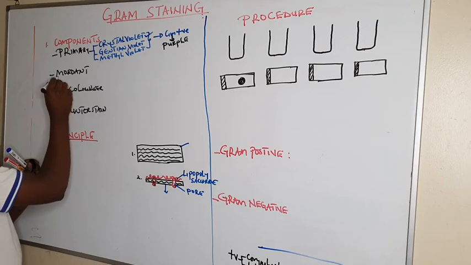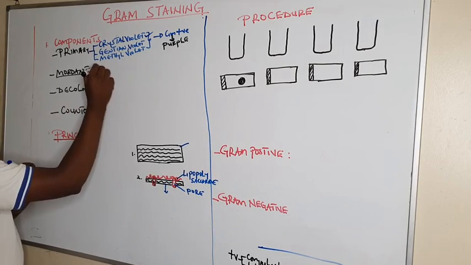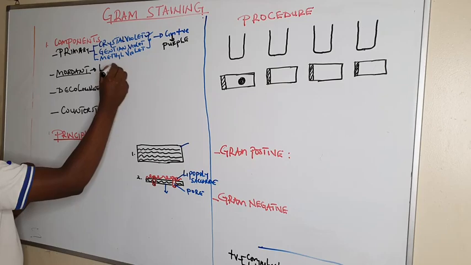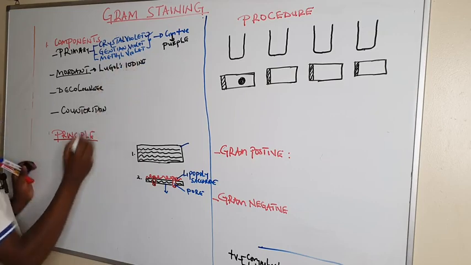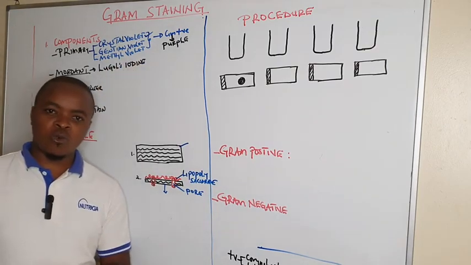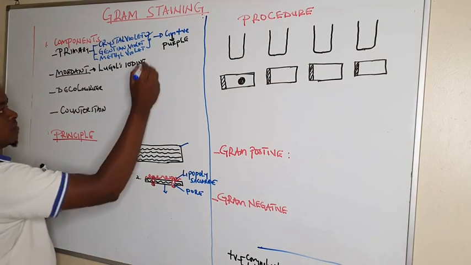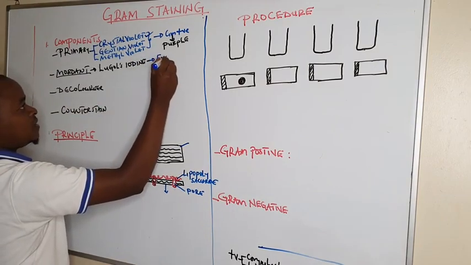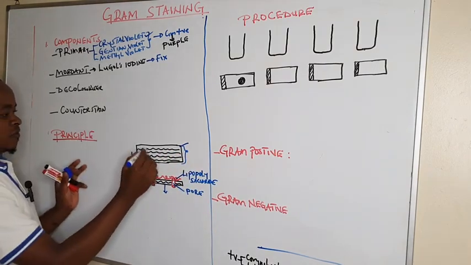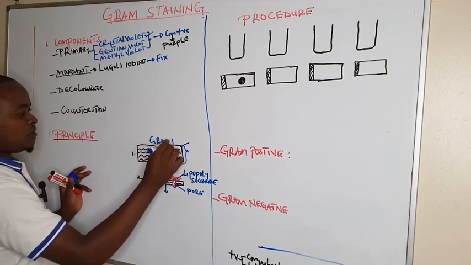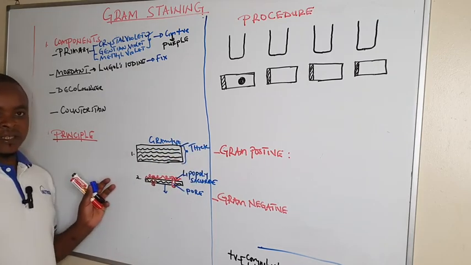Whereas the mordant is used to fix. The mordant is Lugol's iodine, or you can call it Gram's iodine. The word mordant means that when we apply the Lugol's iodine, it is going to fix the primary stain in the peptidoglycan layer. For example, the gram positive cell wall has a thick peptidoglycan layer.